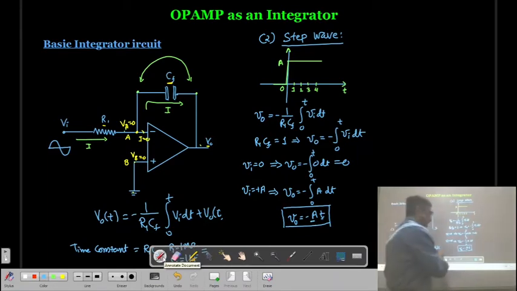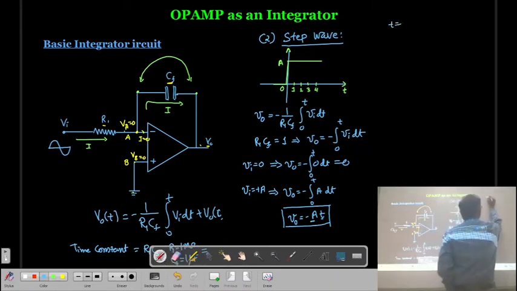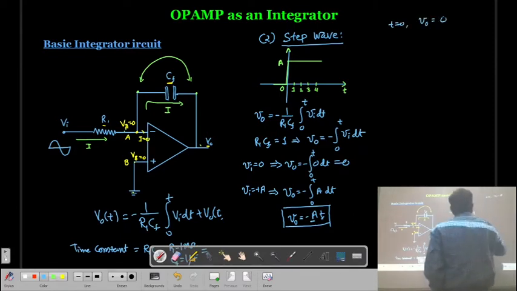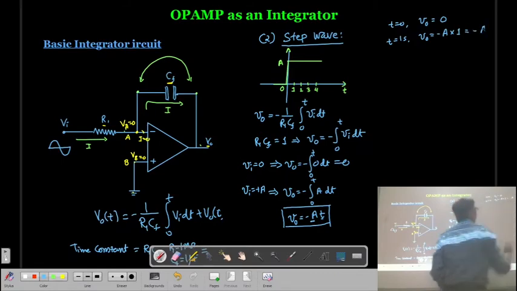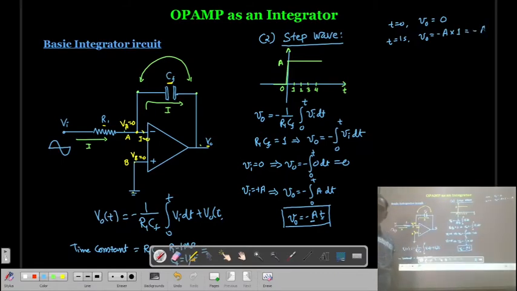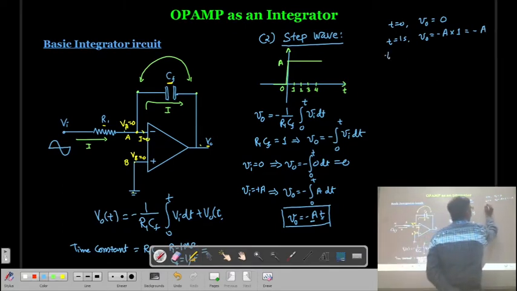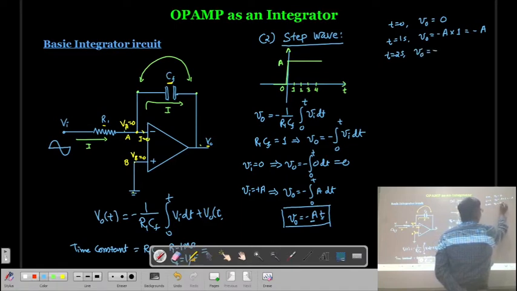Here, if you calculate at t equal to 0, what is my output voltage? Here it is also 0. Now if I have t equal to 1 second, then the output voltage is equal to minus A into 1, so it is minus A. For t equal to 2 seconds, output voltage is equal to minus A into 2, so that is minus 2A.